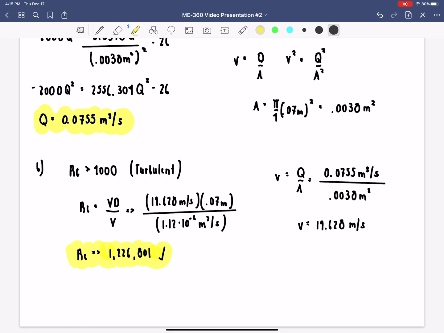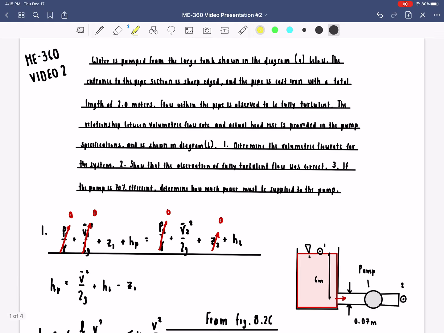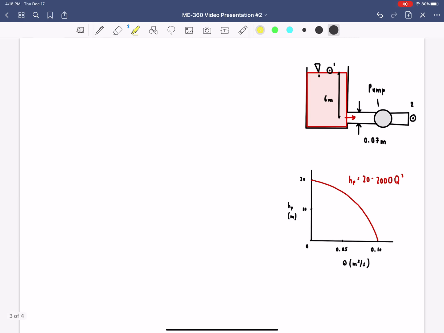So now that we have that, part C wants to know if the pump is 70% efficient, determine how much power must be supplied to the pump. Okay, so we know that efficiency is equal to the power supplied by the fluid divided by power supplied by the pump. Well, we have our efficiency equal to 0.70.